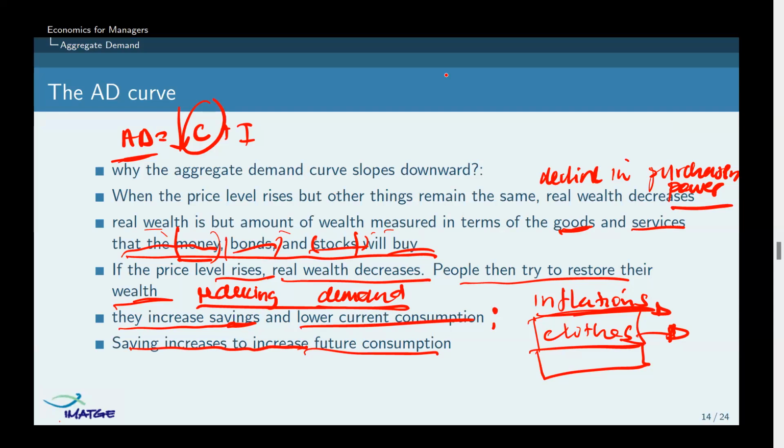It's a very good aspect that you have raised, because we have aggregate demand being equal to consumption plus investment plus, okay, let's end there. Let's just assume that we have an economy in this case. So when you're looking at consumption and investment here, we are saying that when there is an increase in the price level, people cut back on their current consumption, and when they cut back on consumption, they are likely to increase their savings.